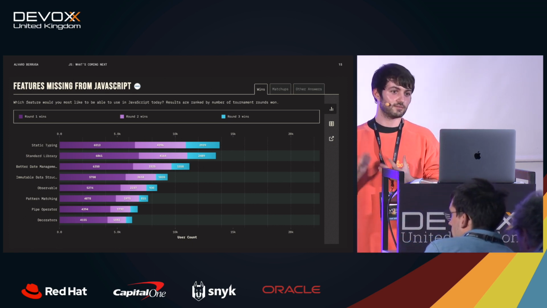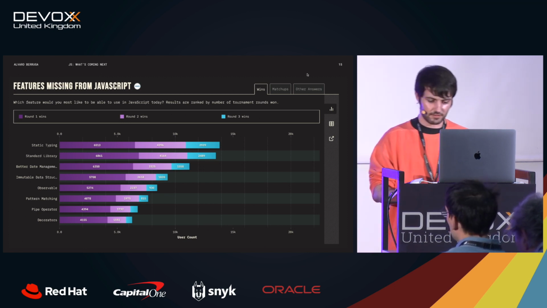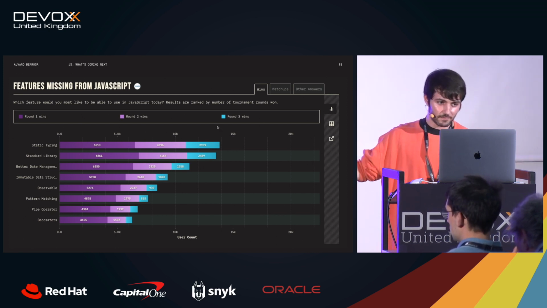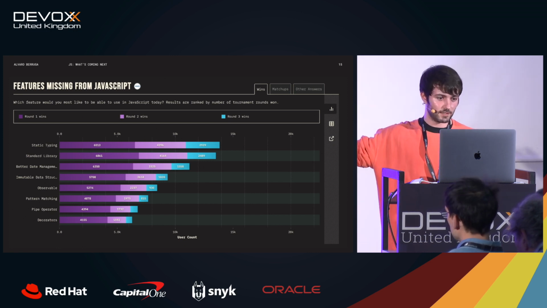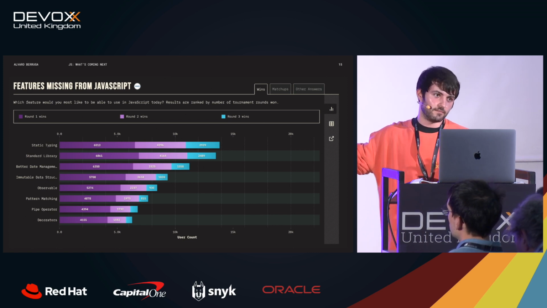What we are going to focus on today is one of the questions they ask: what do you think is missing in JavaScript? I'm not sure if you can see it, so I will read it for you. The top one is static typing, similar to TypeScript. Then we have a standard library, that's utilities, like Lodash, for example.